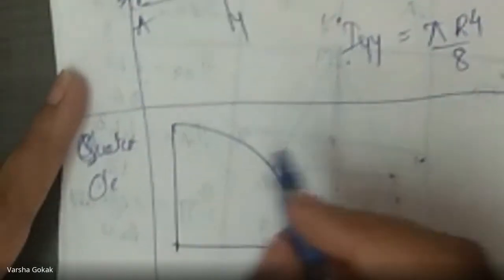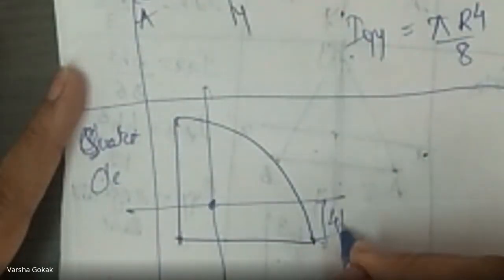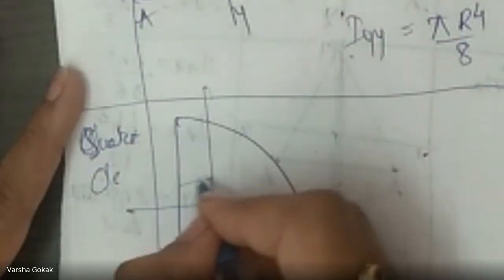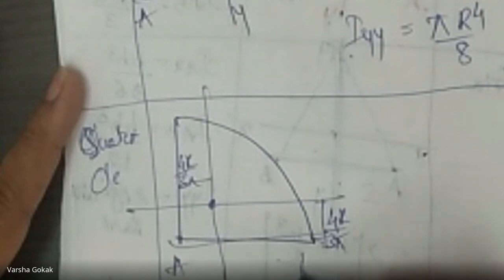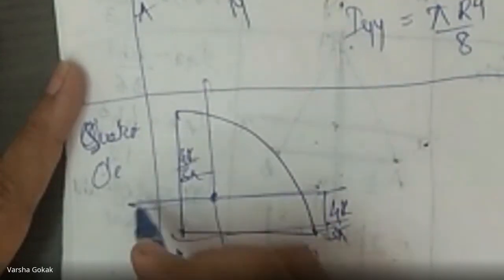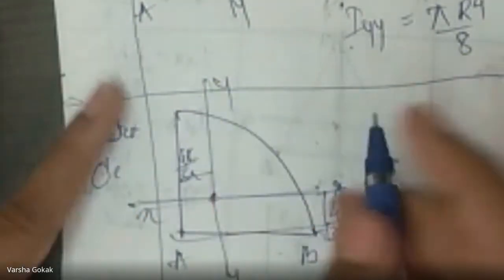Okay. Then quarter circle, I'll give you the values today and I want you to try tomorrow. So quarter circle is like this generally. Its CG will be like this. This distance is also 4r by 3 pi. This distance also is 4r by 3 pi. Once I find it along AB, I then find this xx using the parallel axis theorem, and then yy using the parallel axis theorem again.